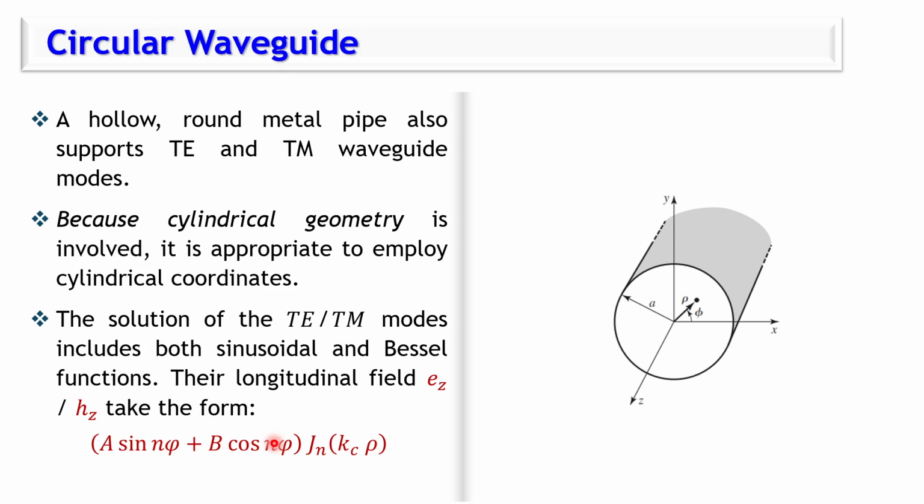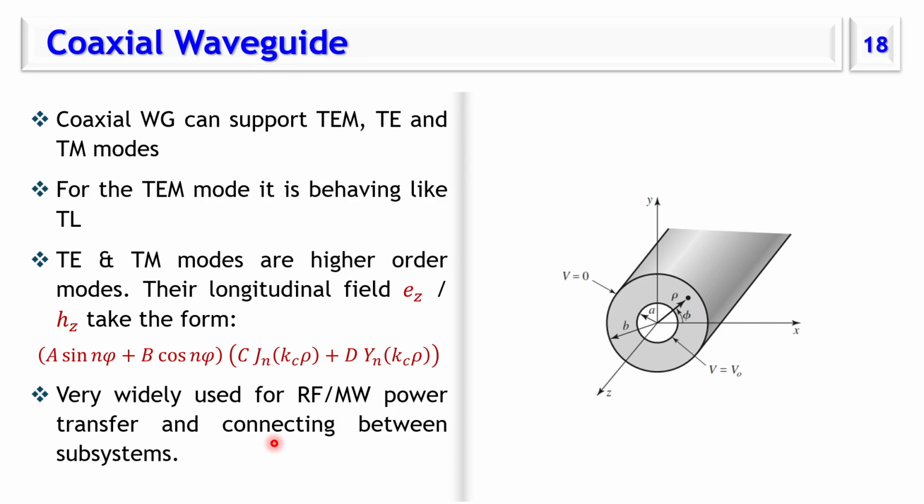The other waveguide is the coaxial waveguide. The coaxial waveguide can also be named a transmission line waveguide, or most of the time people say coaxial cable. The coaxial cable, because it has two conductors, can carry the TEM mode.